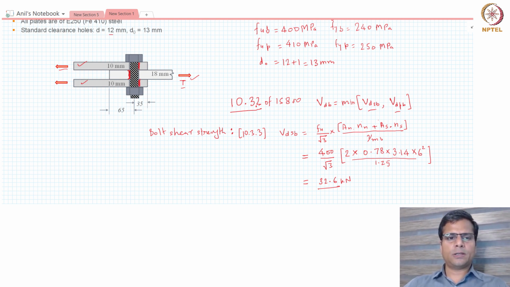So first we need to check whether this shear plane can adequately resist the force, and then we can check what is the capacity of this shear plane. So let me mark them in different colors for ease.